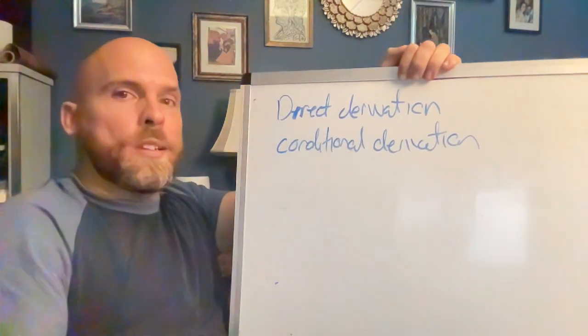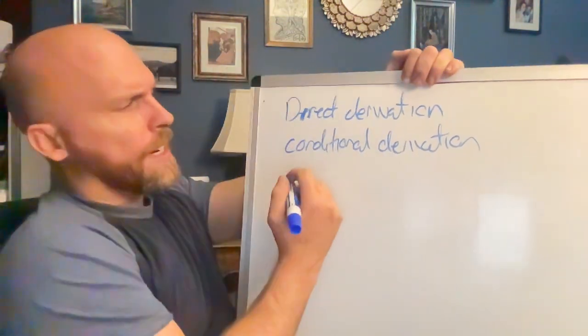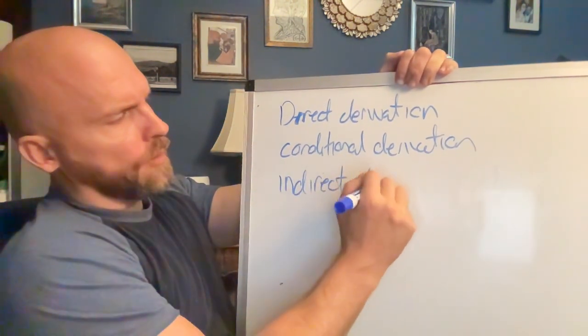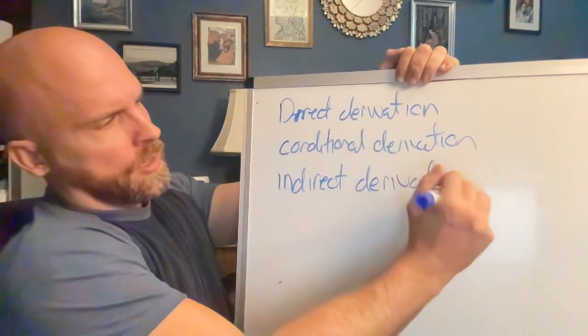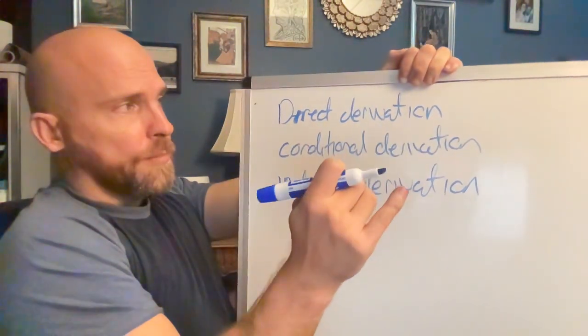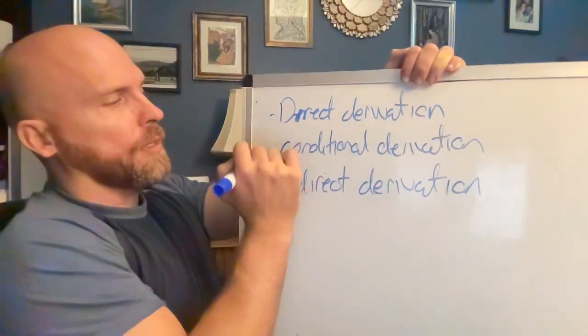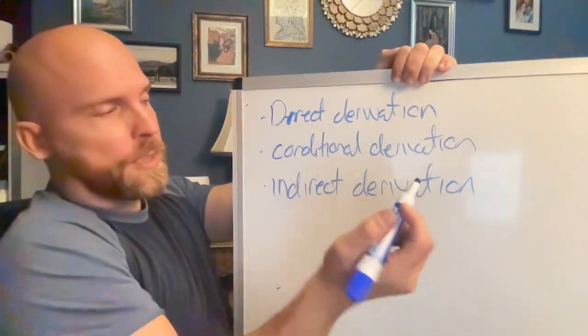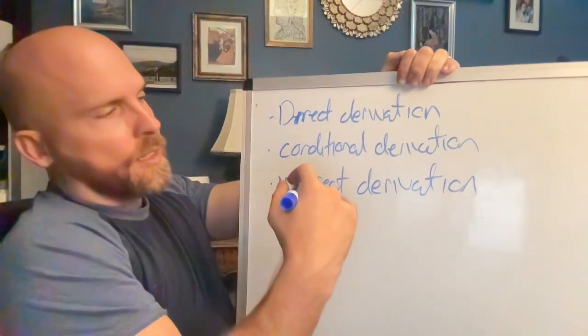There's one more, and it's the biggest of the bunch. It's the granddaddy of them all. It's called indirect derivation. Any proof that you're doing in this language, in L1, is going to fall into one of these. Either directly applying the rules, or you're assuming something and then showing something else, or you're doing indirect derivation.